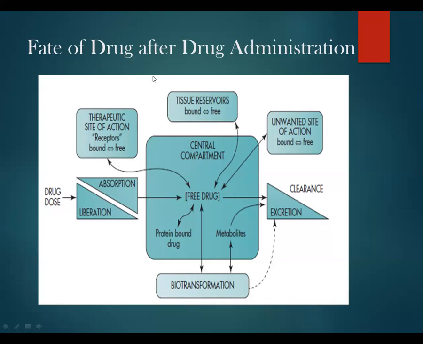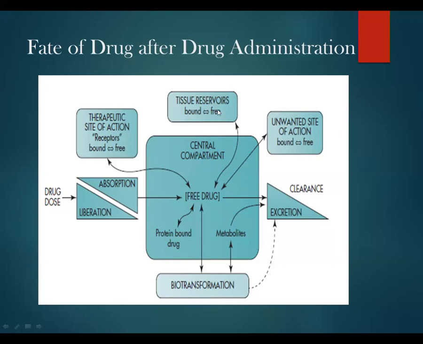So it can go to different parts of the body where it can bind to the tissue reservoirs, where the therapeutic action is not there, but it has more affinity towards the tissue. As you can see in this area, therapeutic action may not be there, but since it gets distributed throughout the body, the drug can just go and bind to its opposite partner, whom it loves a lot.